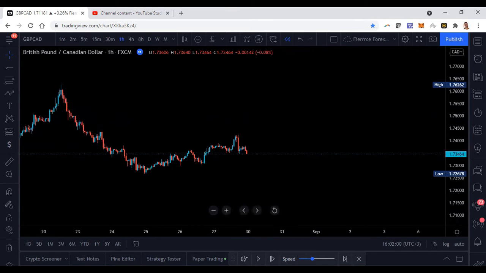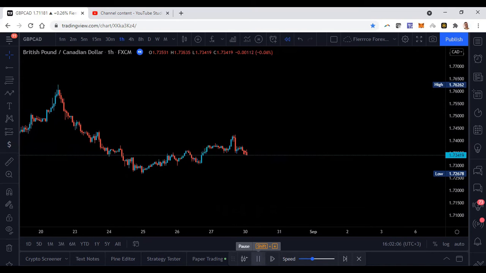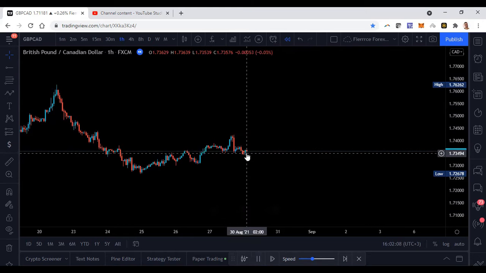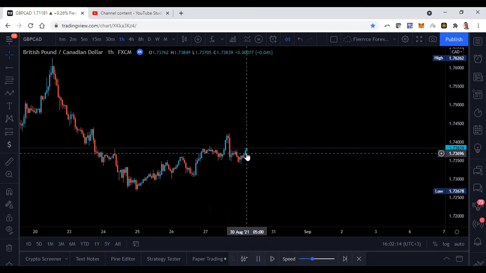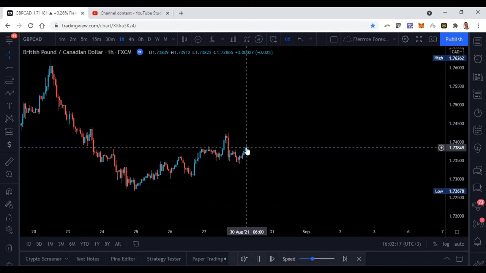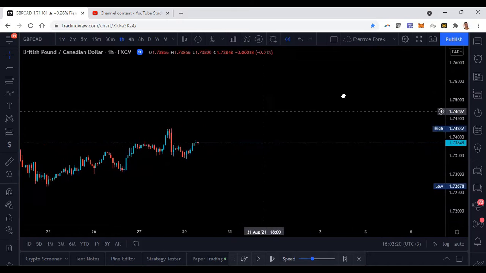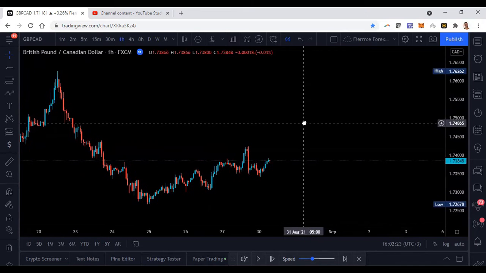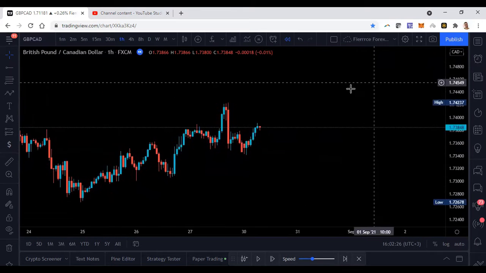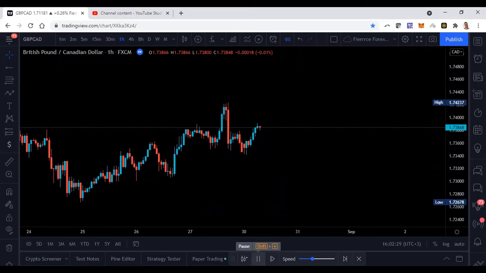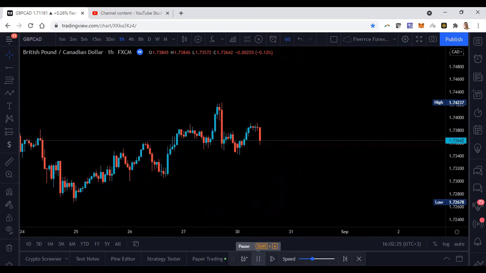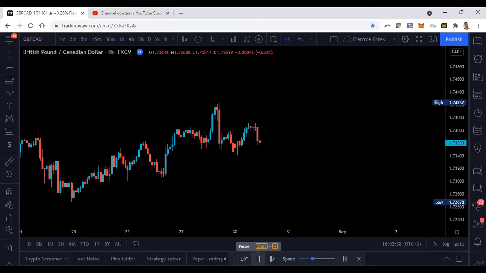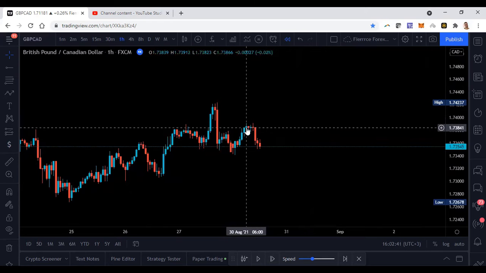So looking at the London session, let me wait for that. I usually like to trade from 9 or 10 a.m. London session. So I'm just watching the markets.